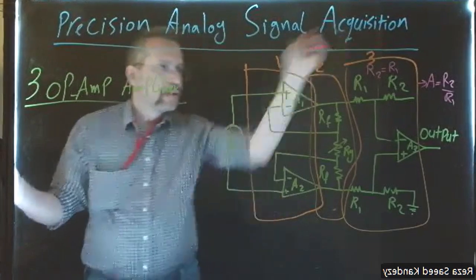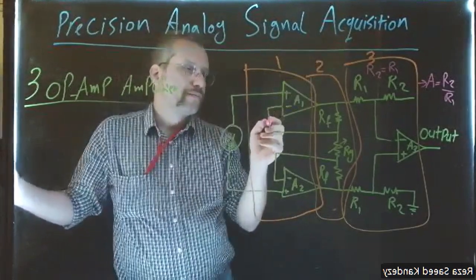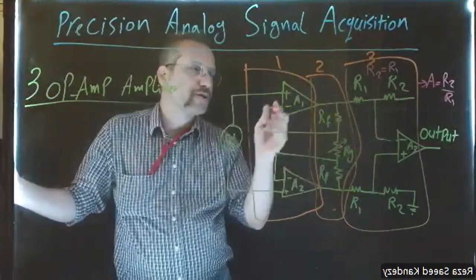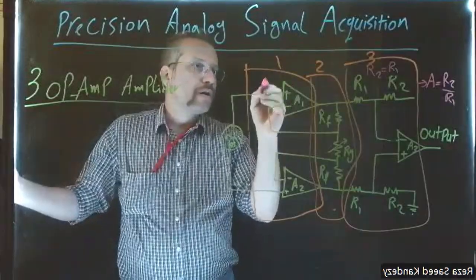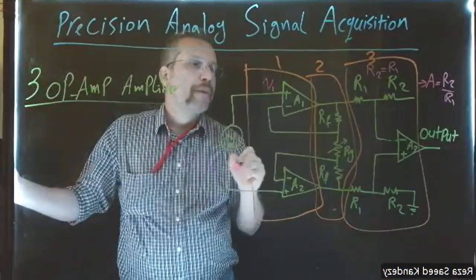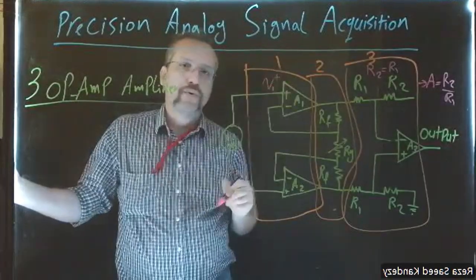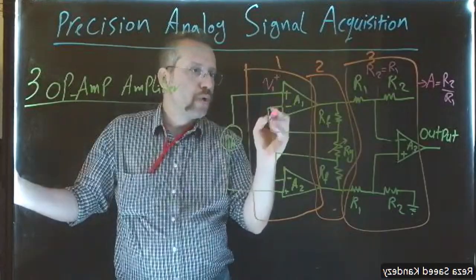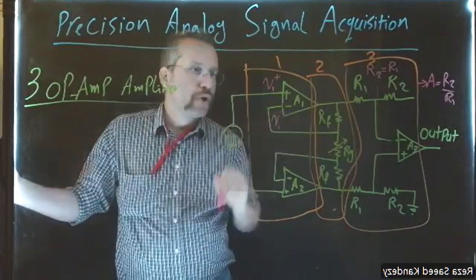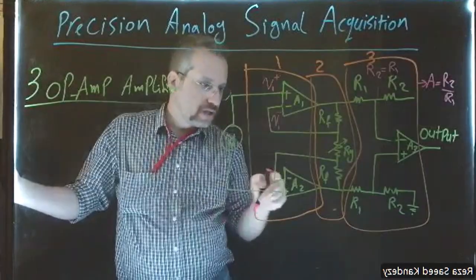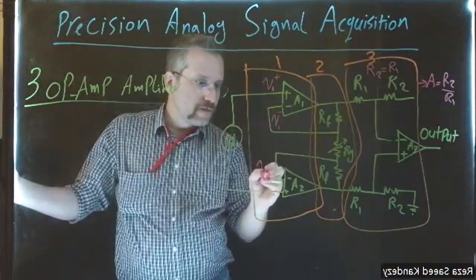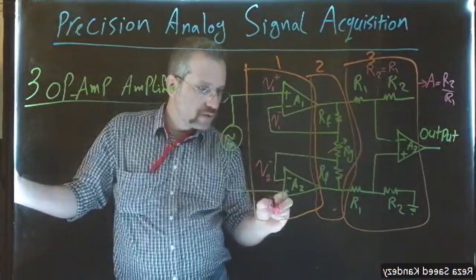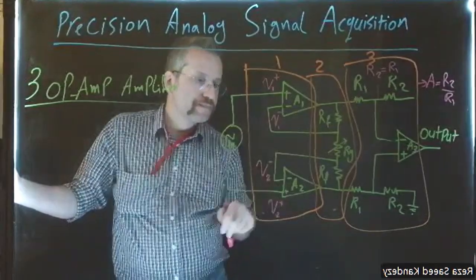Now, let's mention the names of the nodes in here so we can analyze the circuit. This is the op-amp 1 non-inverting voltage. Let's call it V1 positive. This is V1 inverting. This one is V2 inverting. And this one is going to be V2 non-inverting.